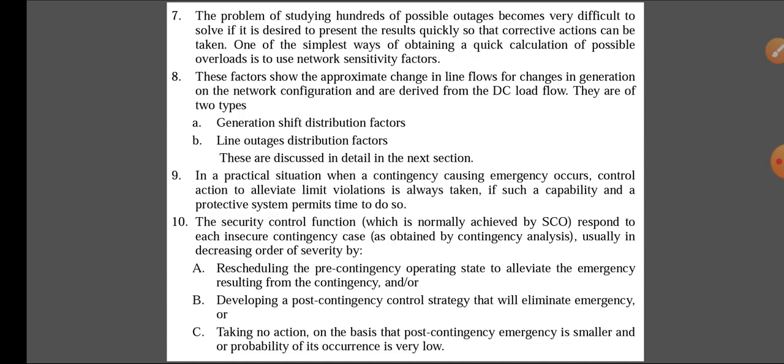The first is rescheduling the pre-contingency operating state to alleviate the emergency resulting from the contingencies.